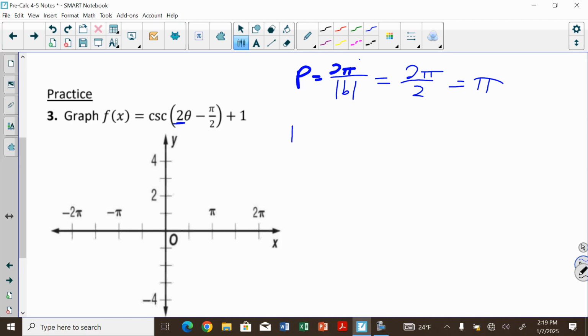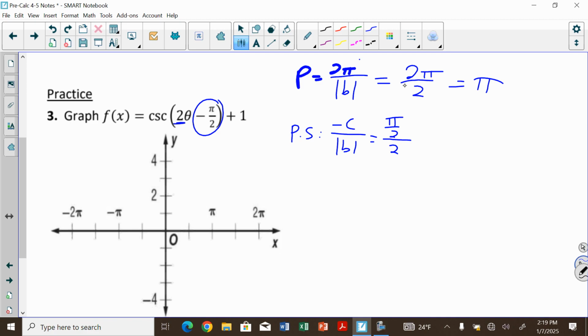Let's get our phase shift. Because we have this c value here, we have a phase shift. If we remember, that's negative c over the absolute value of b. Our c value is negative pi over 2, so the opposite of that would be pi over 2, over 2.